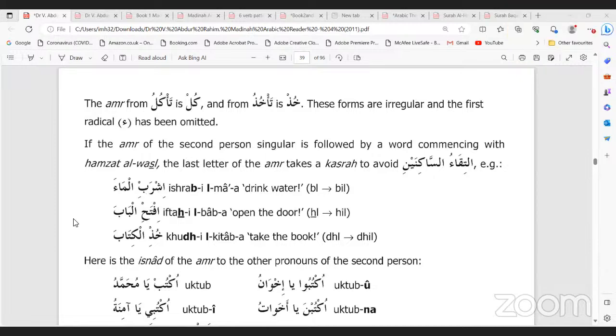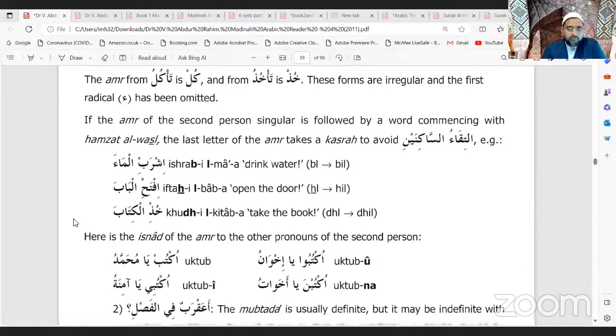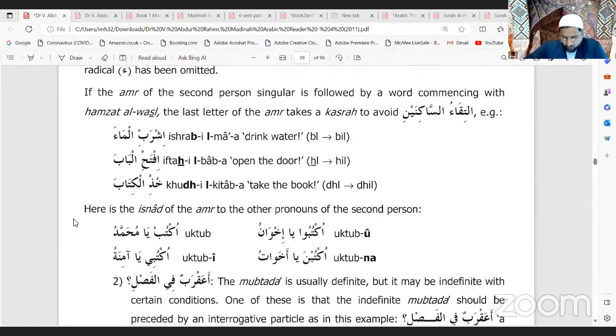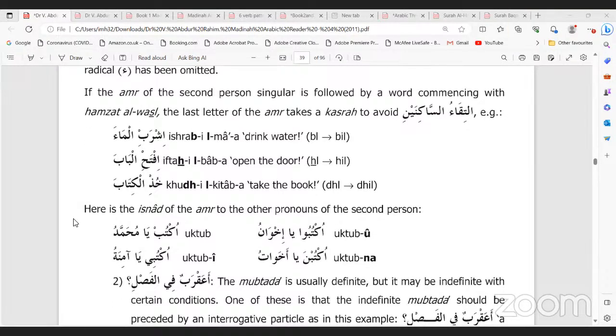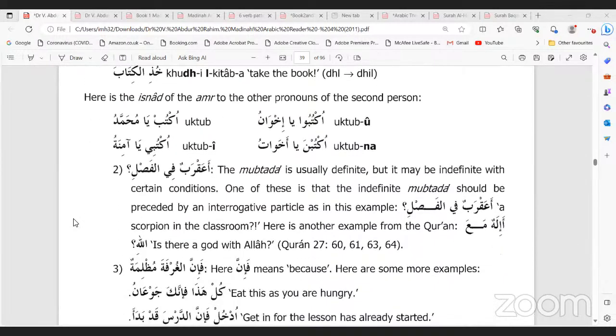So it will become iftahil baba and khuzil kitaba, take the book. Here is the isnad of the amr to the other pronouns of the second person. Uktub ya Muhammad, uktubu ya ikhwani, uktubi ya Aminatu, uktubna ya akhwatu.